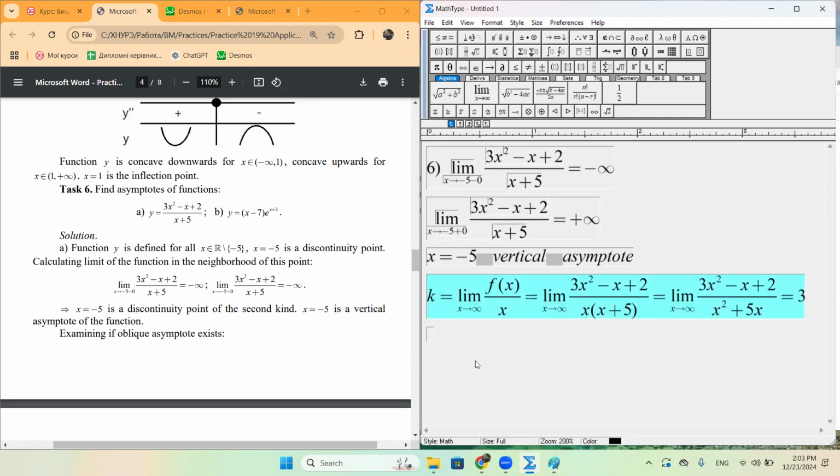And now we need to calculate b. It is the following limit as x goes to infinity of f of x minus kx. So calculating the following limit.